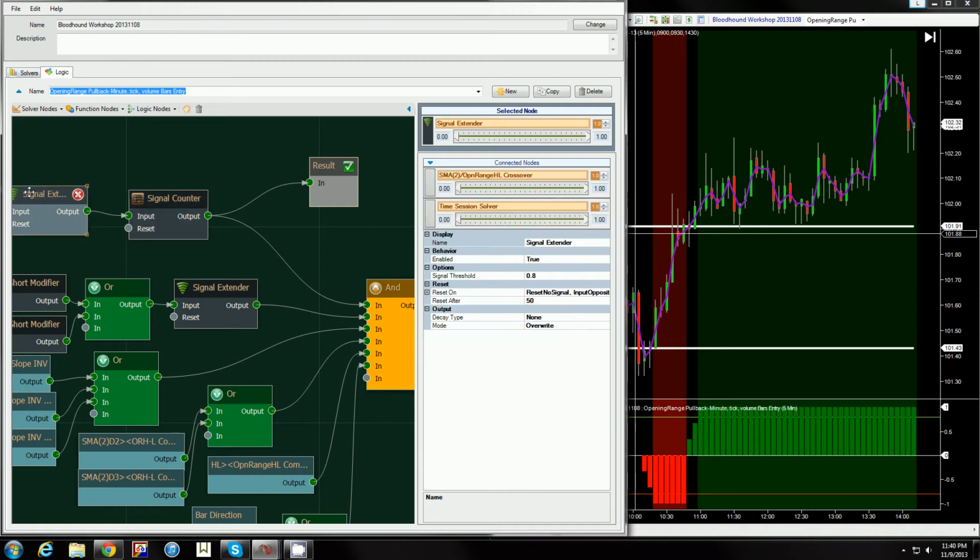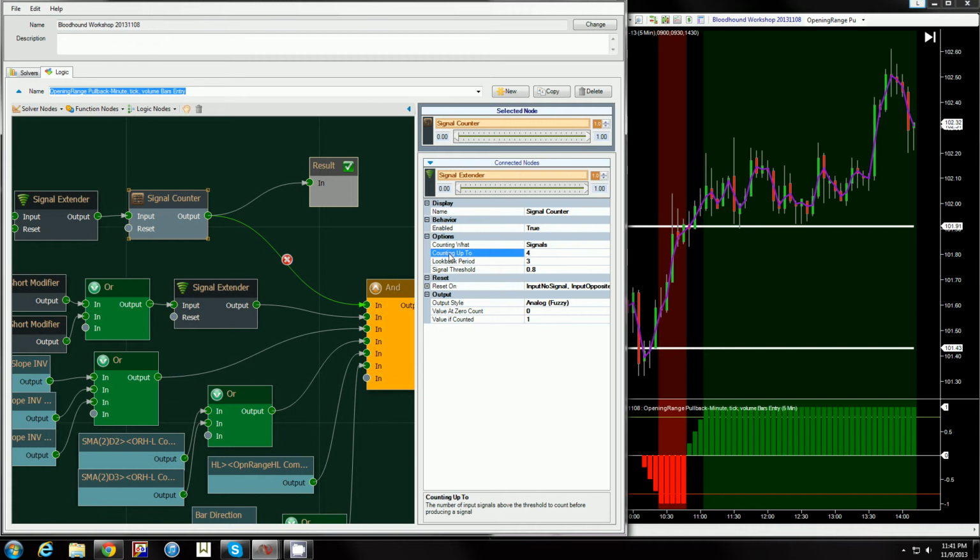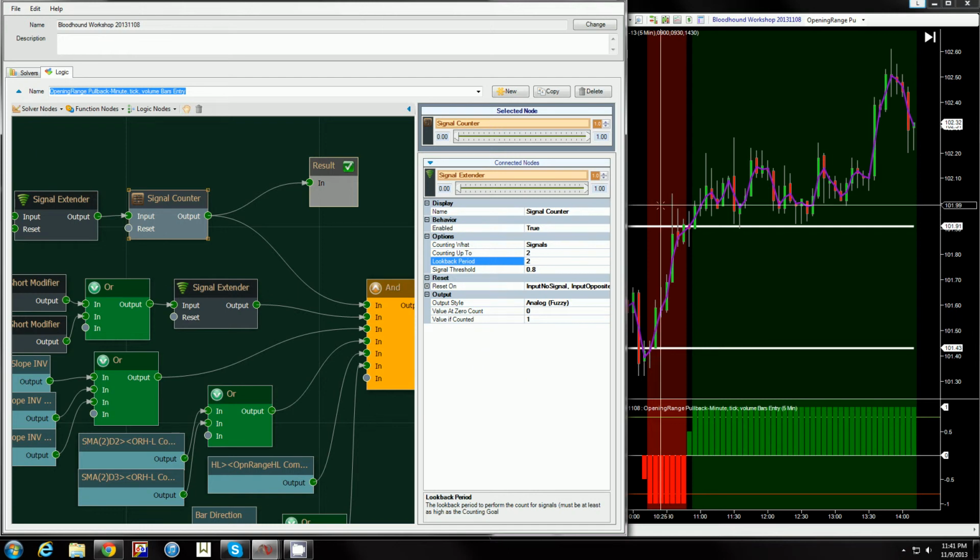Okay, well, yeah, because it's using the extender, right? And then if I set this to 4, you'll see it go up, right? So let's set this back to 2, and then we leave the look back period as low as the count. Okay, so that eliminates that first signal for us.